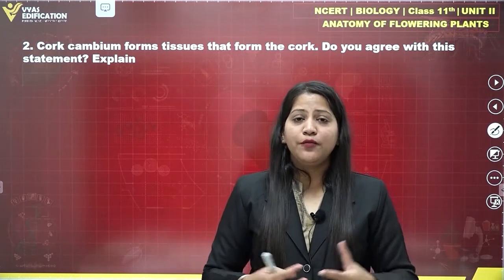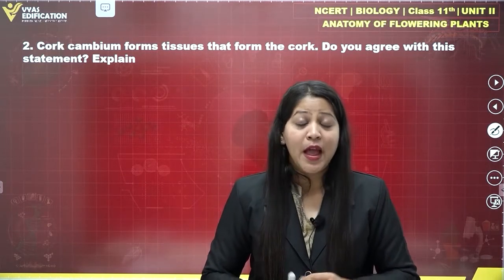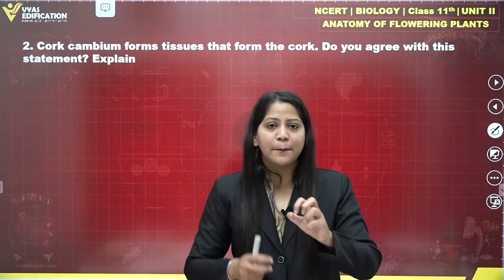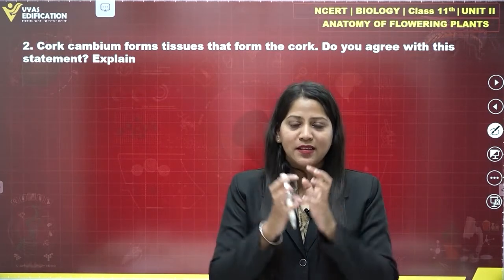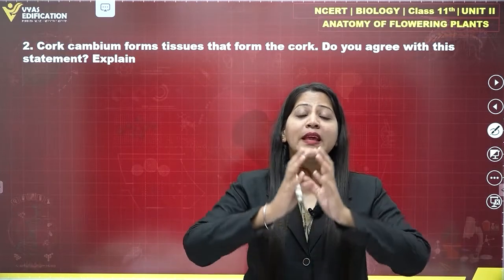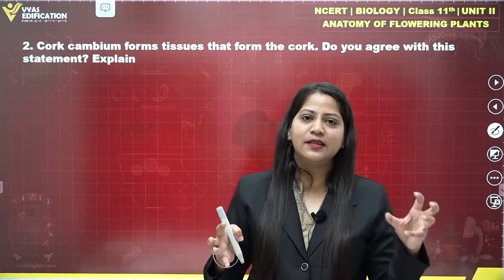Now, what does it do? First of all, this cork cambium has bipolar division. Now, what does that mean? This means that this cork cambium cuts off the cells on both sides, that is on the outer side and on the inner side.